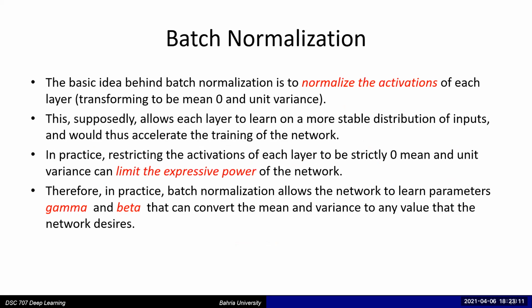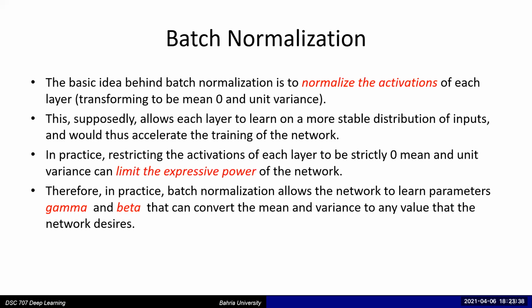And since we do not feed the complete training data at once, at the input layer, you have complete training data available, so you can compute the average and mean from the complete training data. But during the training, you are feeding data in the form of batches. That's why we call it batch normalization, because you compute mean and standard deviation for every batch. You cannot do it for the complete training set.